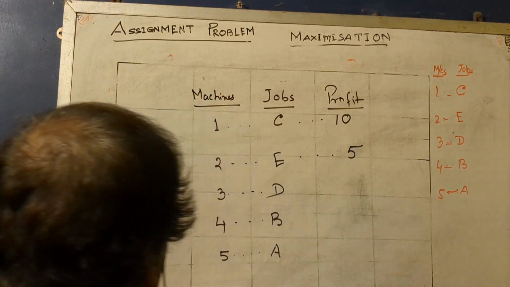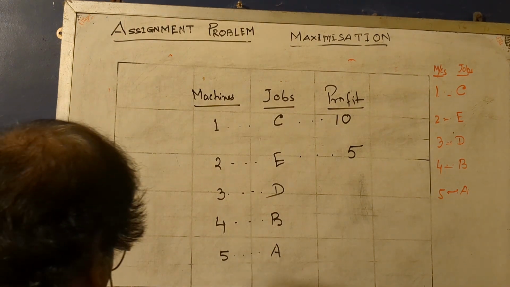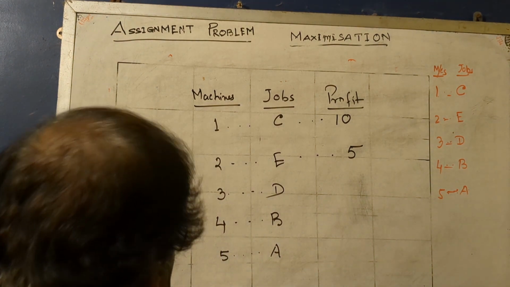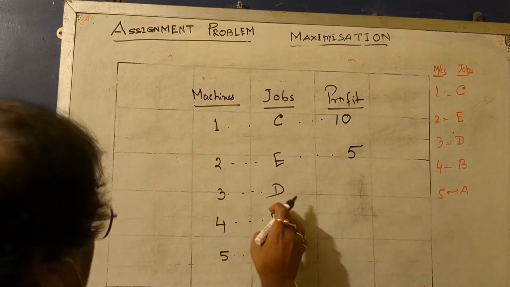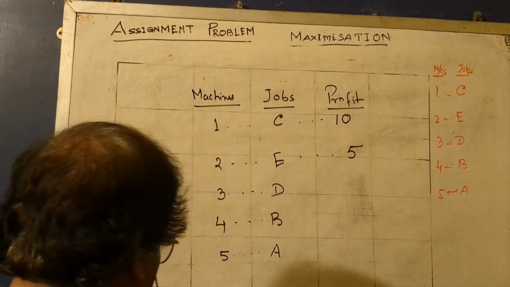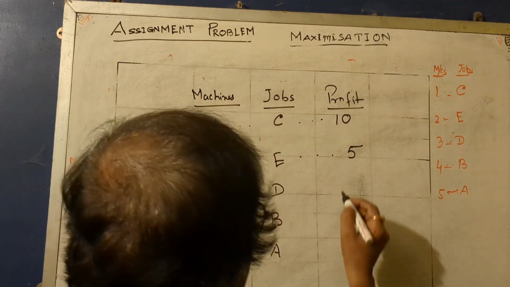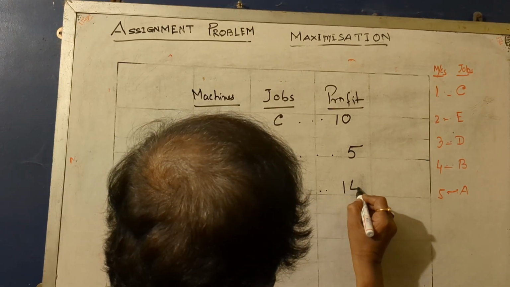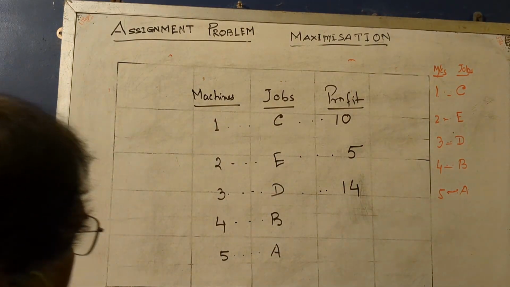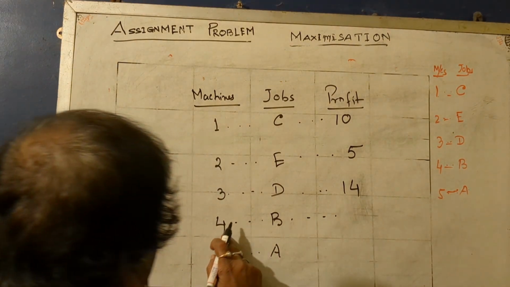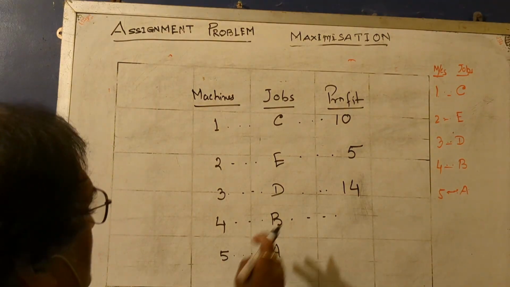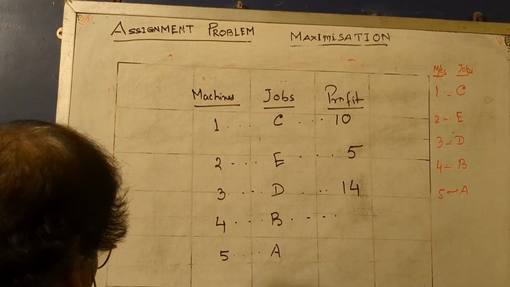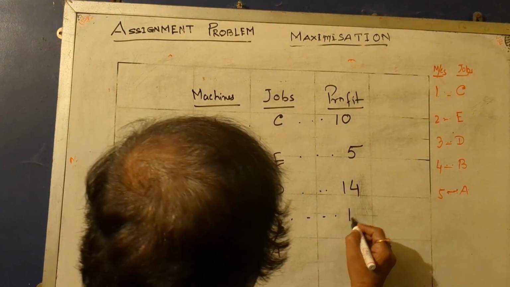And if the third machine is allocated with job D, you check from the table, the profit is 40. You have to take the profit from that table. If the fourth machine is allocated with job B, the profit is 40.